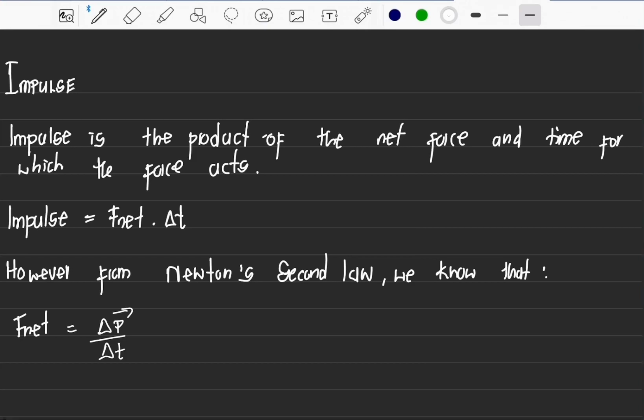So today, as I've said, we are actually going to learn about impulse. So basically in physics, you always have to know your definitions and also formulas for each topic that you learn. But fortunately enough, you can actually formulate your definitions from the formulas themselves.